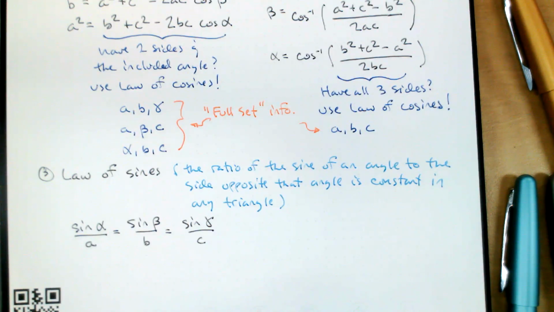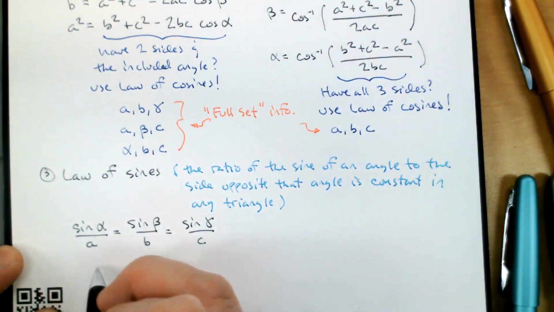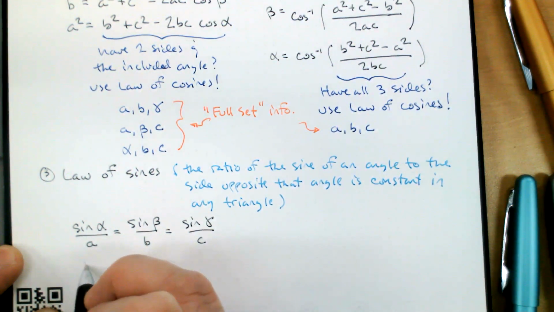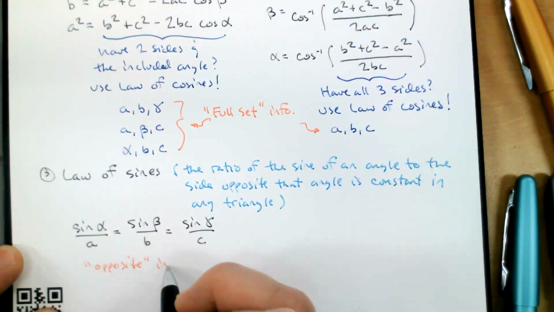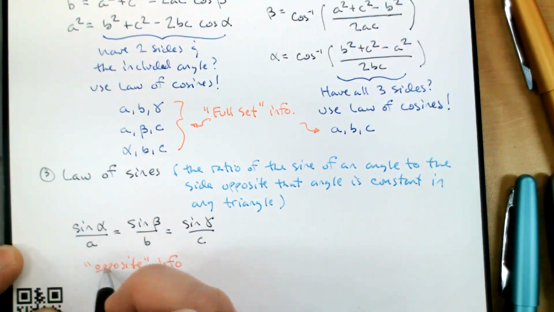The situation when we use the law of sines is dependent upon what we're looking at. Notice that what we need for the law of sines is a set of opposite information, A and alpha, B and beta, C and gamma. So for the law of sines, we're looking for opposite information. Maybe a better word would be opposing.